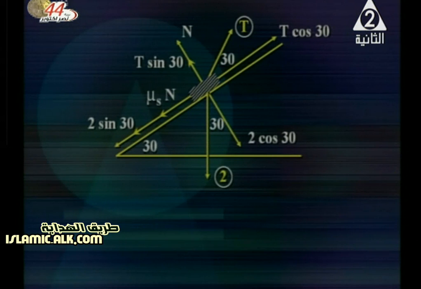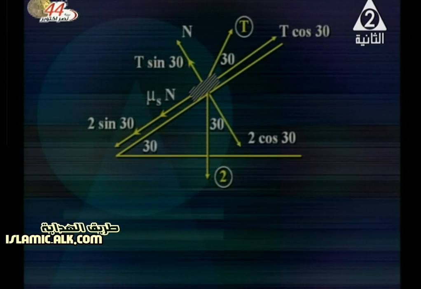Look at, dear student, the body its weight is 2 kilogram weight. We resolve 2 into 2 cosine 30 and 2 sine 30. The plane inclination angle with the horizontal is 30 degrees, theta equals 30.